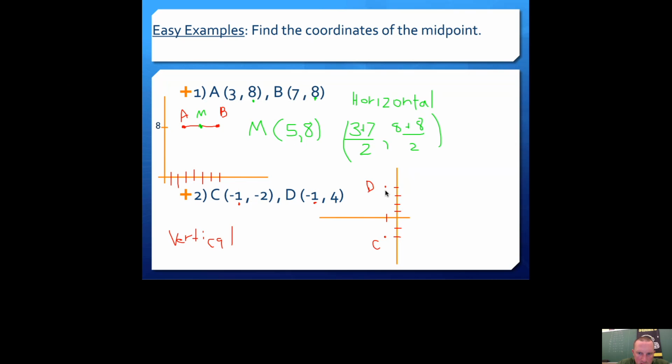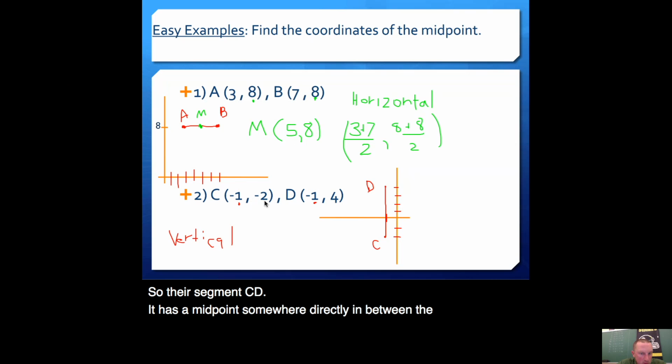So there's CD. It has a midpoint somewhere directly in between the endpoints.